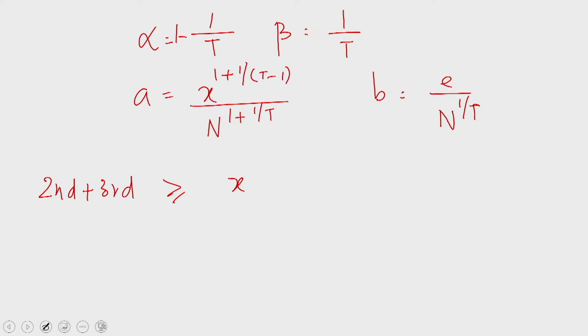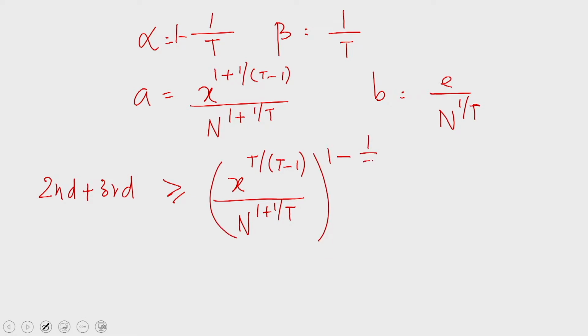x power 1 plus 1 by t minus 1, which is t by t minus 1, this power, that is a power alpha, and then b is e by n power 1 by t, that power beta, which is 1 by t. 1 minus 1 by t is t minus 1 by t.